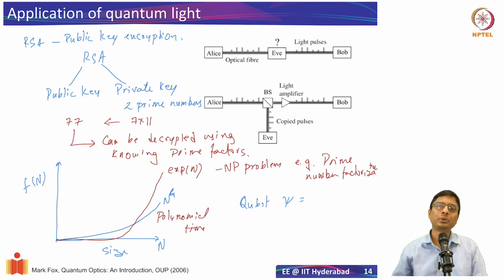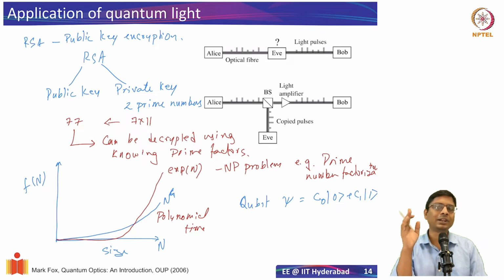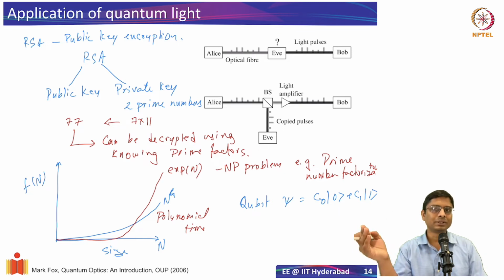Instead of 0 and 1, I'll talk of a superposition of 0 and 1, C0 plus C1. In addition to 0 and 1, I'll also take a superposition of them. For example, we talked about the mixture states, wherein you don't consider superposition.